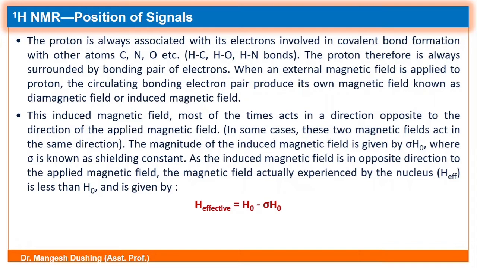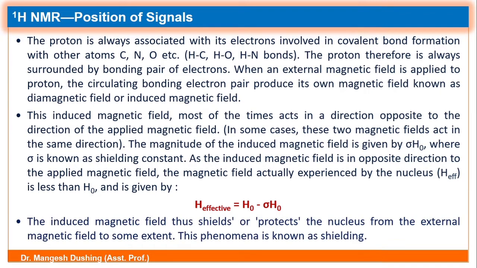For the excitation of those protons, we need to provide more magnetic field. We have to apply more magnetic field, and the induced magnetic field thus shields, means protects, the nucleus from the external magnetic field to some extent, and this phenomenon is known as shielding.